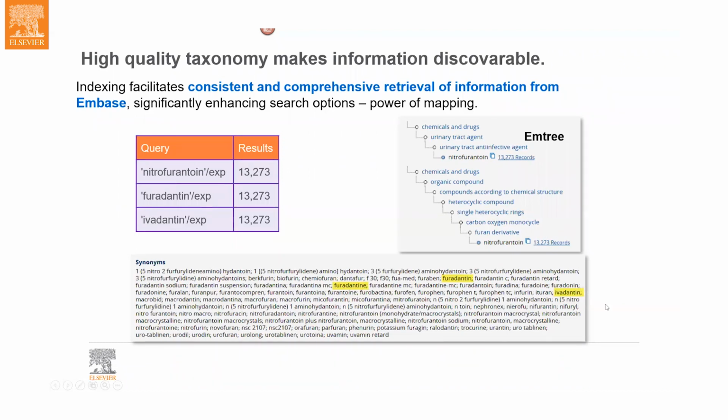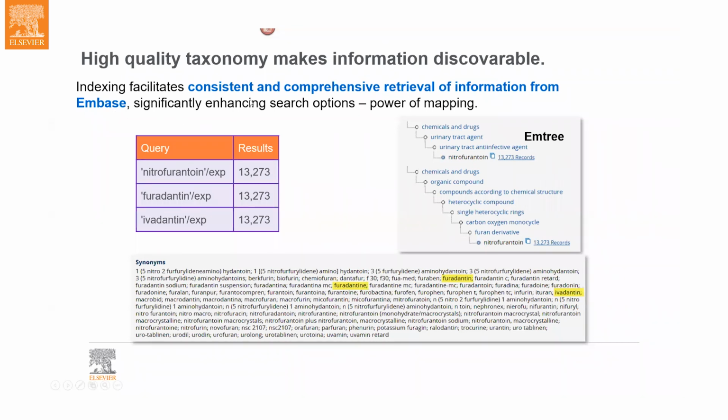So as you see, there are about 30 synonyms of this drug, and when literature and conferences are indexed in Embase, all of them are taken into account. So because of the quite wide coverage of journals and conferences, and also because of very great indexing, you can be sure that you will get comprehensive results.